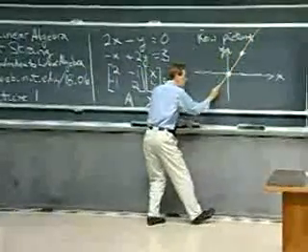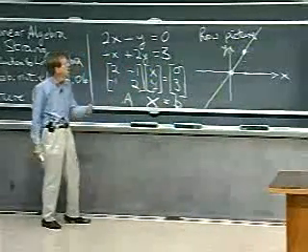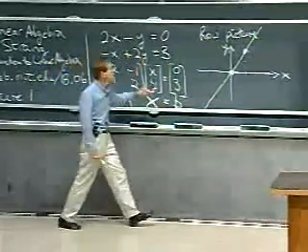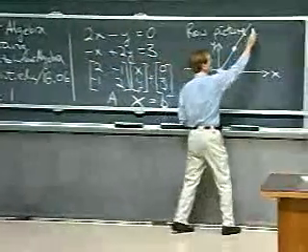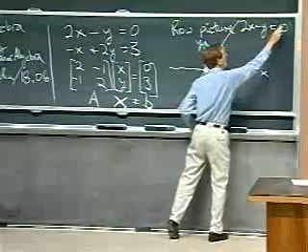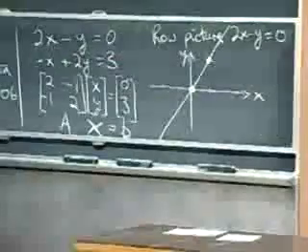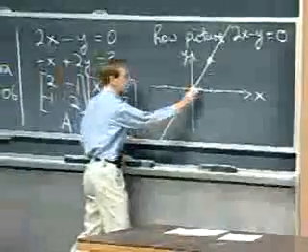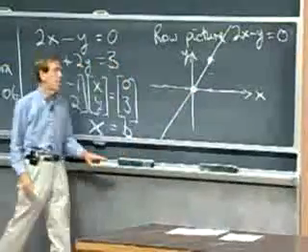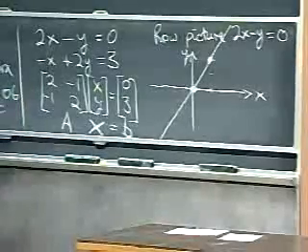This is a linear equation, and that word linear has got the letters for line in it. This is the line of solutions to 2x minus y equals 0, my first row, first equation. So typically maybe x equal 1/2, y equal 1 will work. And sure enough, it does. Okay, that's the first one.